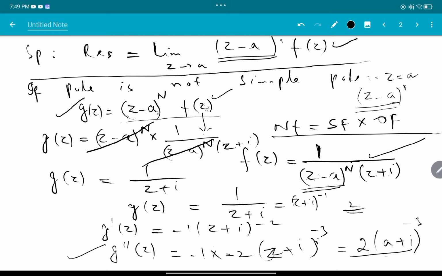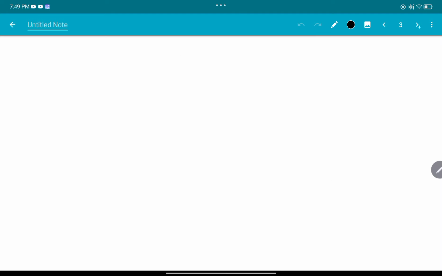But as I told you, this procedure is not valid with essential singularities. Then what do we do if there is an essential singularity? Let's first consider such a case. I will be dealing with an essential singularity.